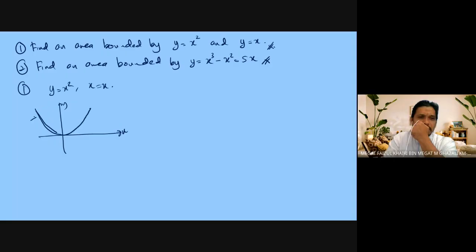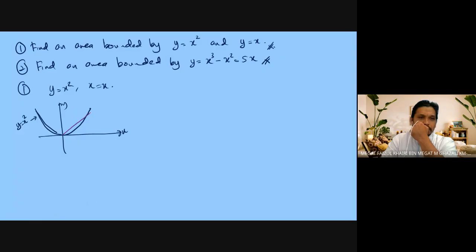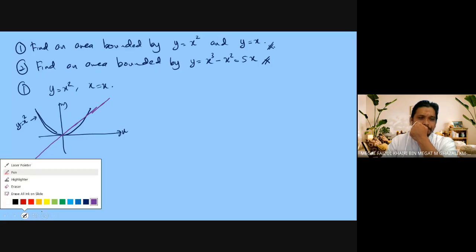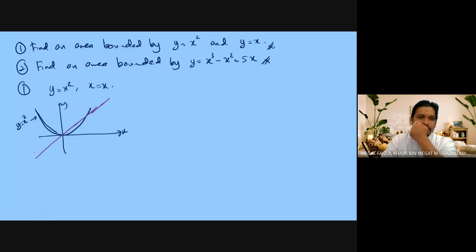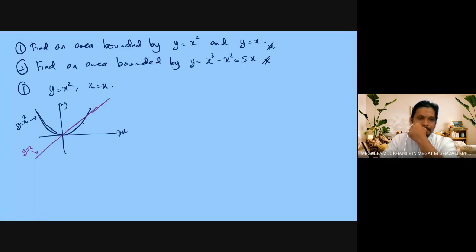This is y equal to x squared, and then another graph, this is y equal to x.